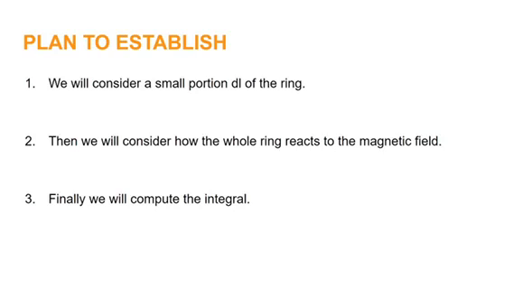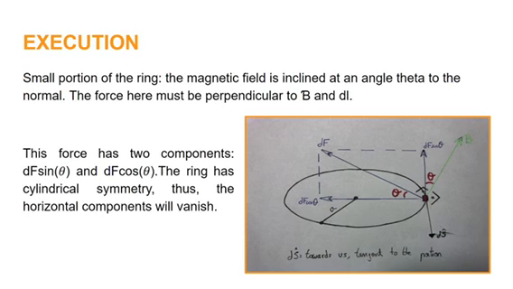Once we have understood the problem, we will plan the route. We will consider first a small portion dl of the ring. Then we will test how the entire ring reacts, and eventually we will calculate the force. So first, let's just take into account a small portion dl. At this point, the magnetic field is inclined at an angle theta to the normal of the plane.